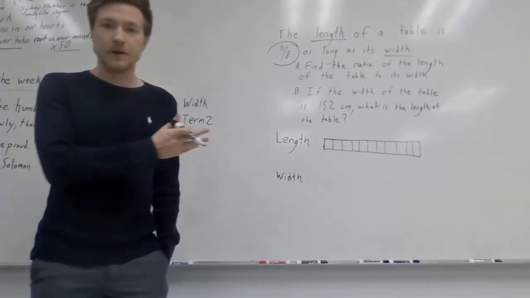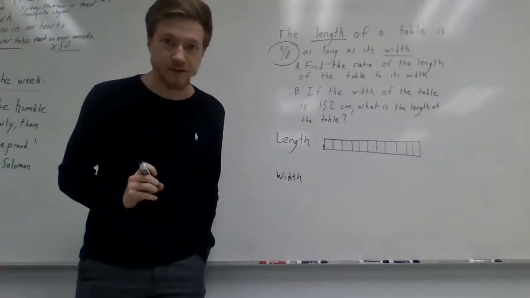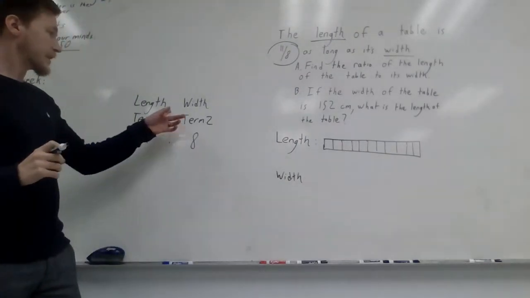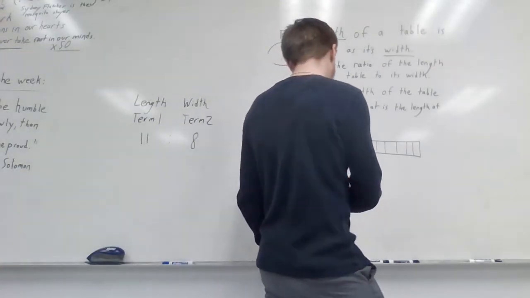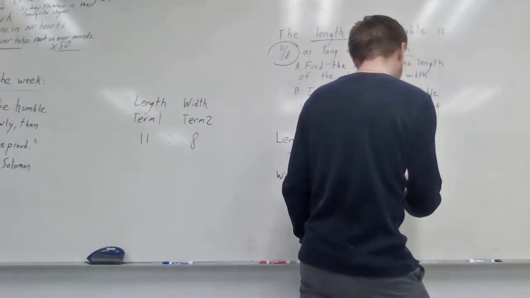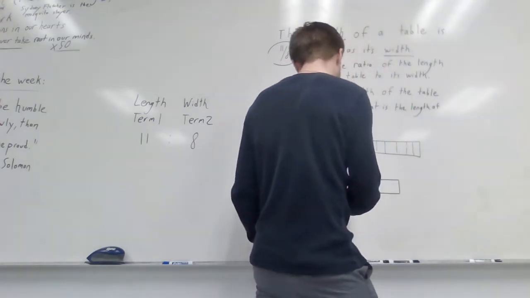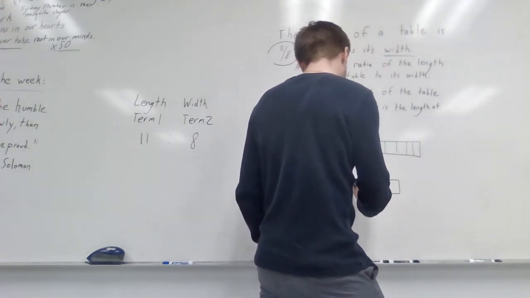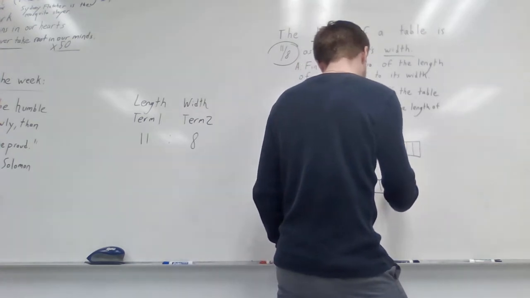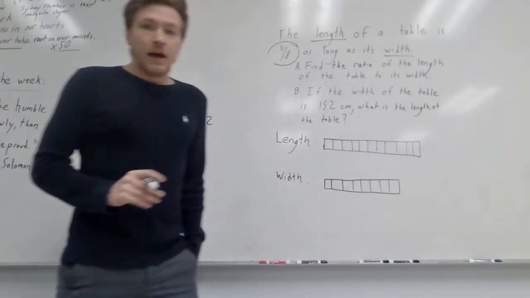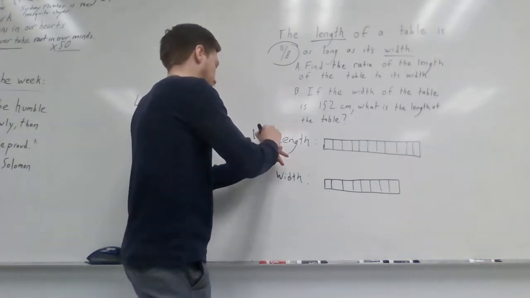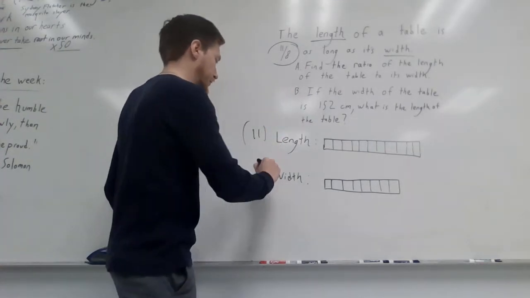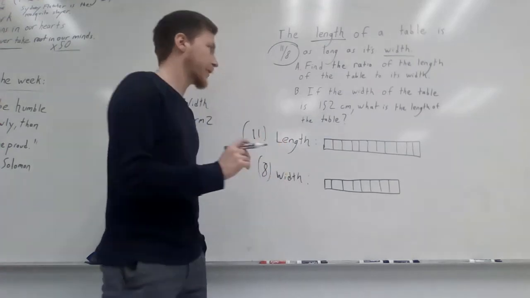So we would draw a bar model with 11 boxes. My ratio then tells me that width has 8 units. And so I would do the same thing, except this one has 8. I'm left with two values, one being 11 for my length, another being 8 for my width.